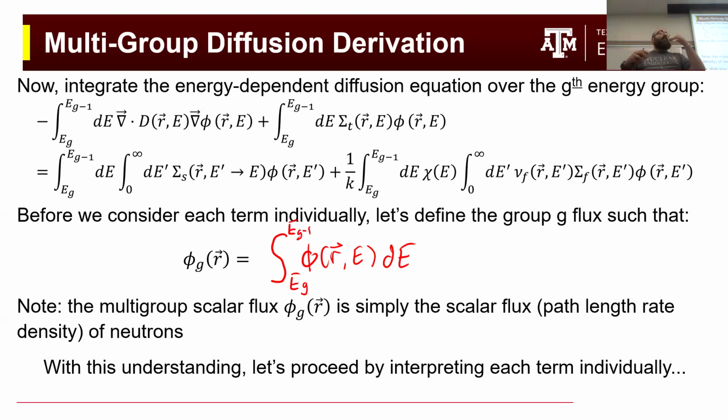If I were to have integrated from 0 to infinity, that would give me the total scalar flux, which represents the path length rate per unit volume per unit time of all neutrons in my reactor.